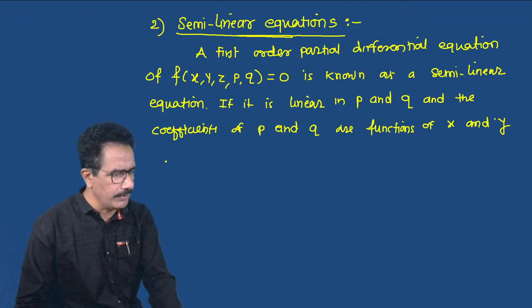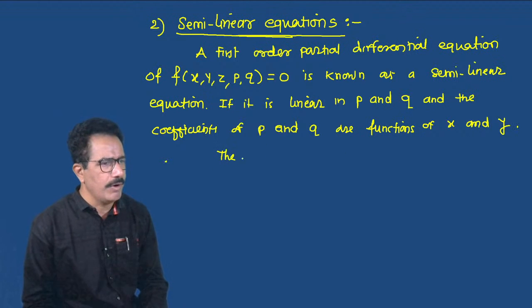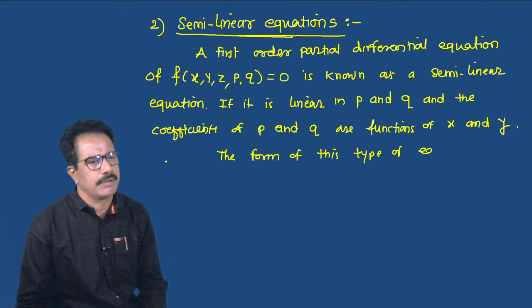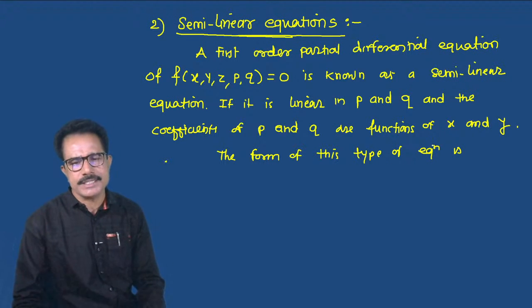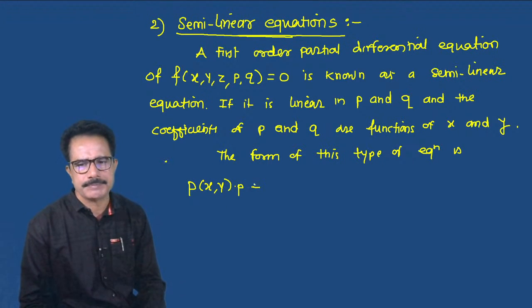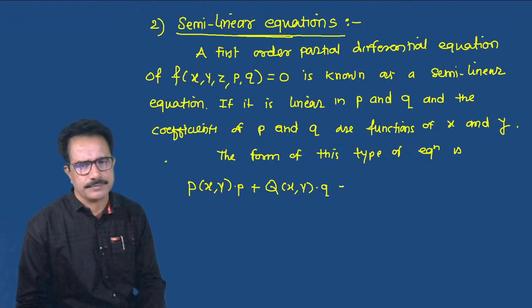Functions of x and y only, full stop there. The form of this type of equation, we can write in the general form, capital P of x comma y into small p plus capital Q of x comma y into small q is equal to r of x comma y comma z.